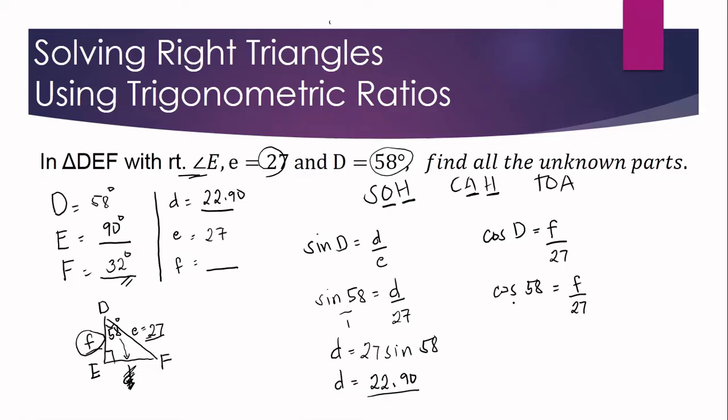And then to solve for F again, you are going to do cross multiplication. So we will be having F. And if you multiply this, what will be the answer? Yes, we will be having 27 cosine 58. Then this is what you will press on the calculator. If you do that, 27 cosine 58, rounding off to the nearest hundredths, it will be 14.31.